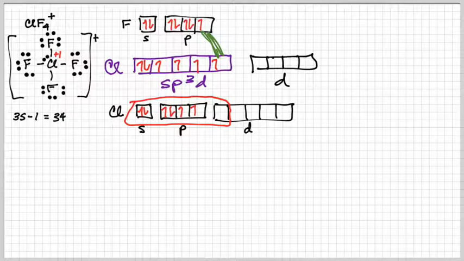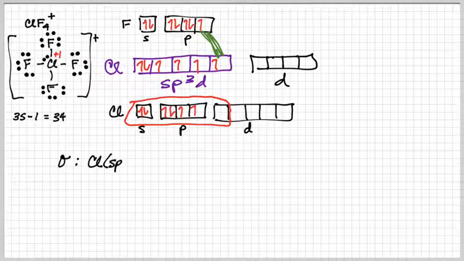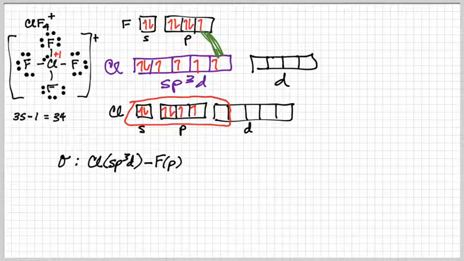So we've got a p orbital and an sp3d orbital. That's going to be a sigma overlap between the chlorine, where we've got the sp3d, and the fluorine, where we've got just a p orbital. Is that good enough? Yeah. You don't need the messy picture, right? No. Any questions?